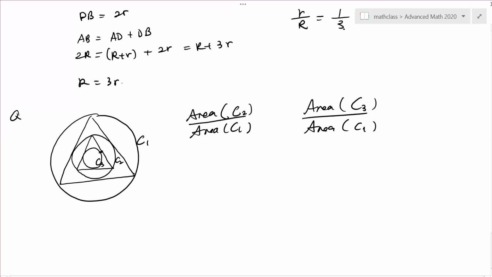Let's see, anyone has answers? Okay, nobody yet. Now you can describe the different radii of the circles.